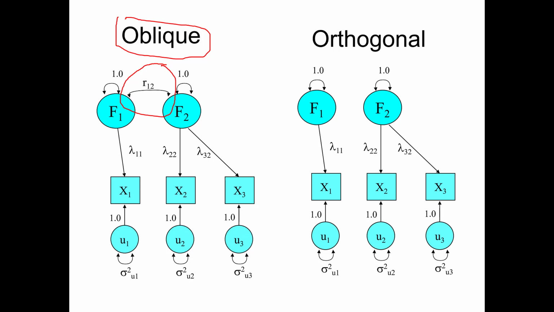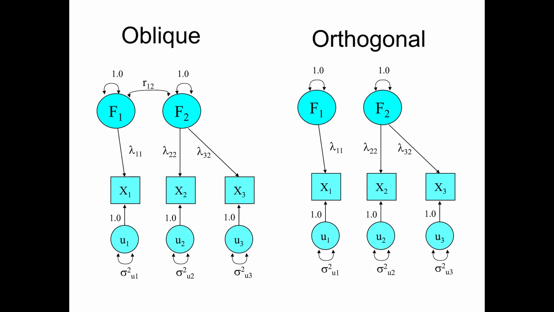So if we go back to the WAIS and we think of something like verbal comprehension and perceptual reasoning, there's probably some relationship between those. There's probably a correlation between those. So we'd probably want to use oblique rotation. And in actuality, we probably always have a situation where things are related to each other and correlated, so we probably always want to use oblique.